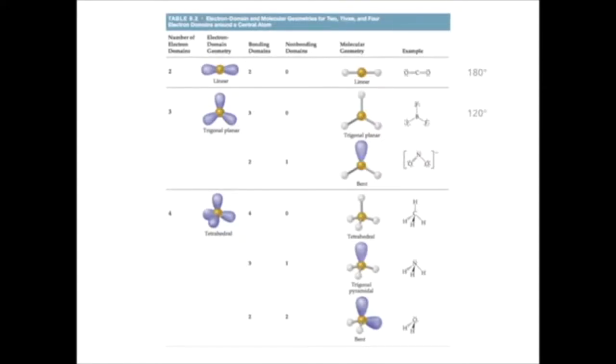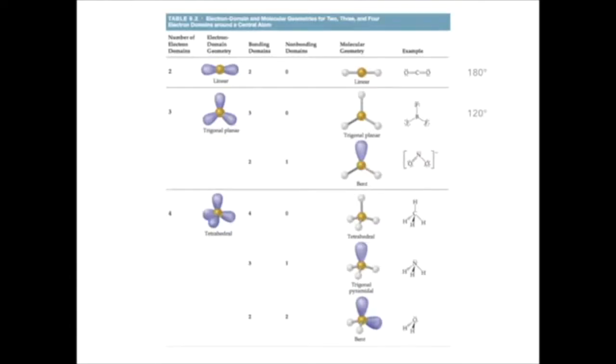Now, if instead of 3 bonding and no non-bonding, what if I had 2 bonding and 1 non-bonding? Well, in that case, the molecular geometry is going to be different from the electron domain geometry. The electron domain geometry is still trigonal planar because it has 3 electron domains, but now the molecular geometry is different. The molecular geometry is bent.